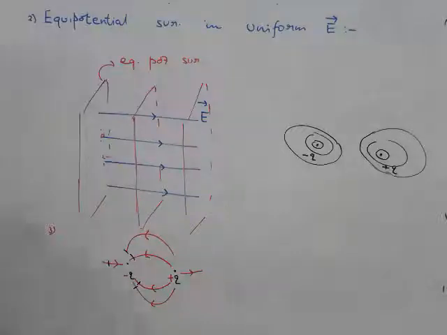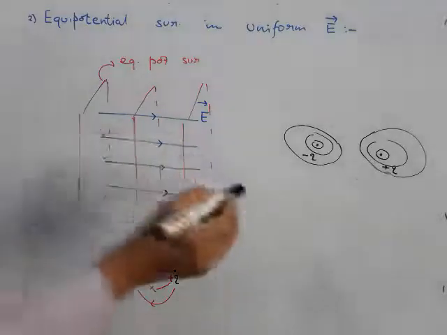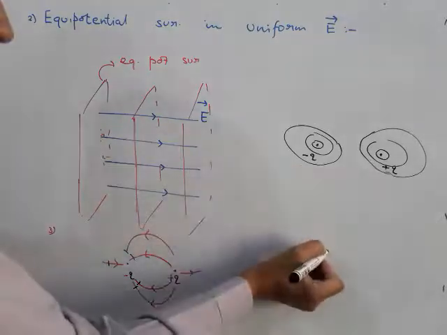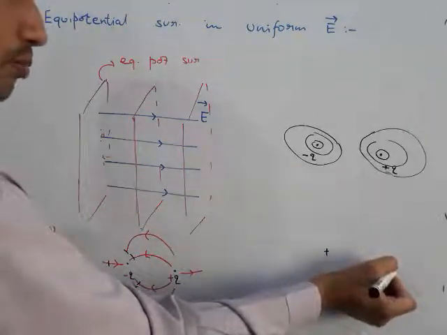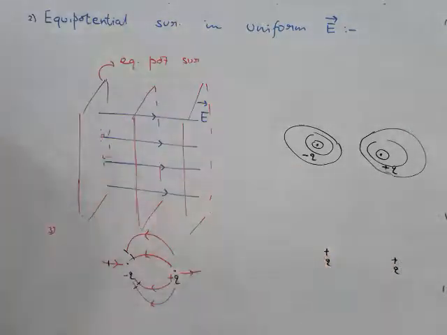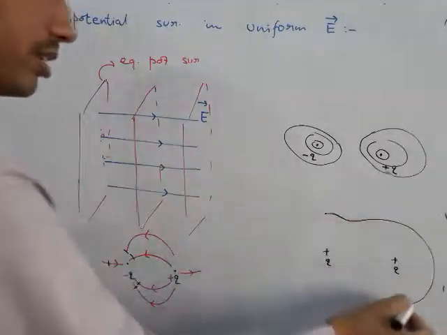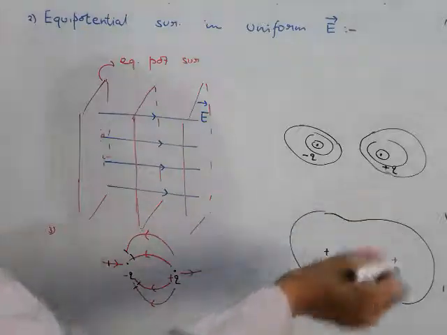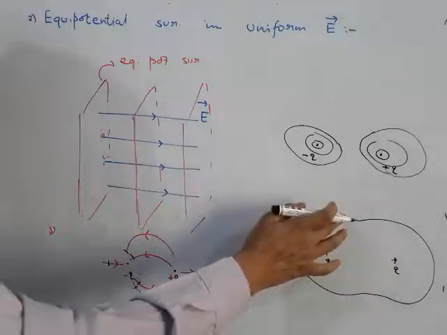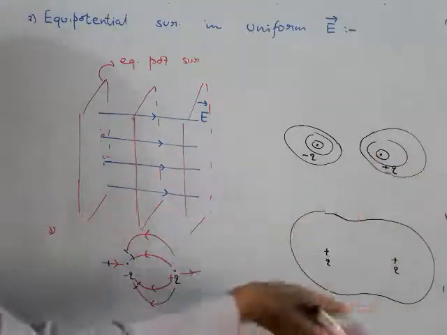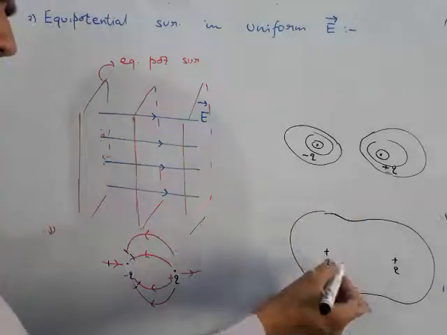Likewise, for a pair of positive charges, plus q and plus q, the equipotential surfaces will be something like this. Now this is a surface, and don't think of it as being in 2 dimensions, it will be in 3 dimensions.